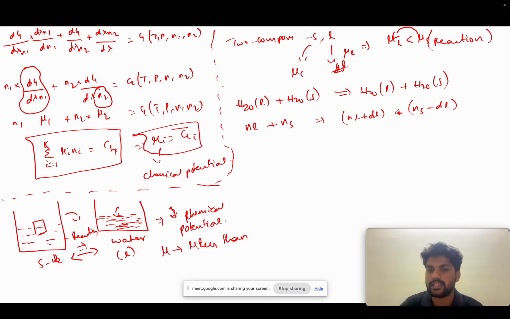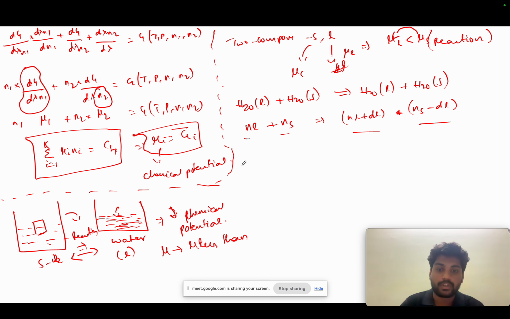Any doubts regarding this equation? Just assume the number of moles of water in liquid form and in solid form, and after the reaction the solid will melt into liquid. So the molar amount of liquid will increase and that of solid will decrease.